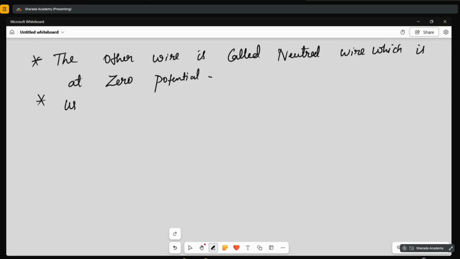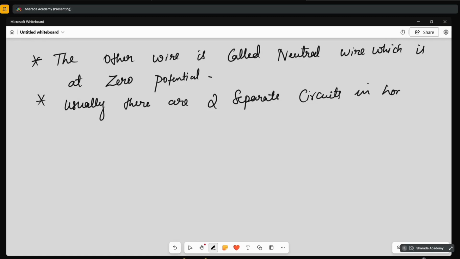Usually, there are two separate circuits in a home.